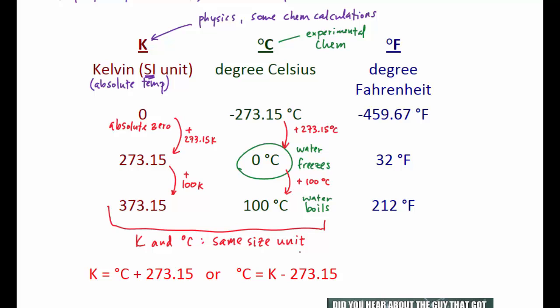The only difference is where 0 is set. In Kelvin, 0 is set at absolute 0. In Celsius, it's set at 0 C. I mentioned that Kelvin is used for some calculations, probably not as much for us in this class, but there are certain types of calculations where if you're using a value, 0 in that value has to mean 0 of the actual property. So that's what the Kelvin scale is. It's absolute temperature, meaning 0 Kelvin is 0 temperature.